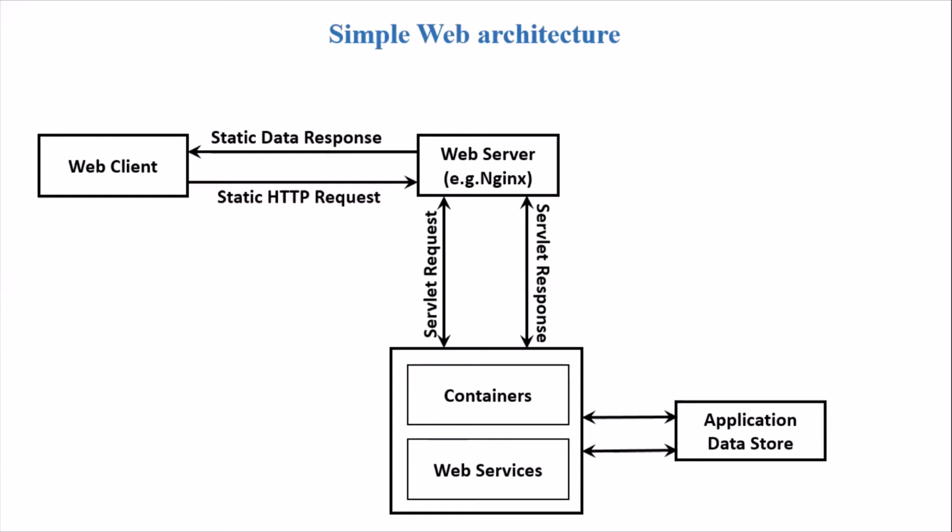And the body part of the HTTP request is called the payload, which is where all the data pertaining to that request is sent. So I will show you what is there in the header and the body when I demonstrate Postman to you.